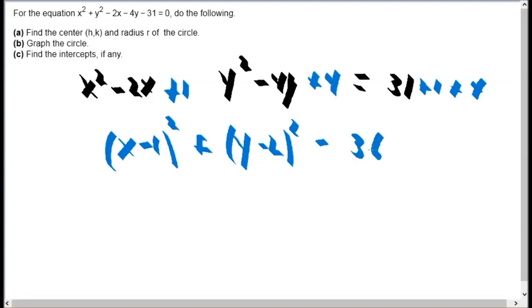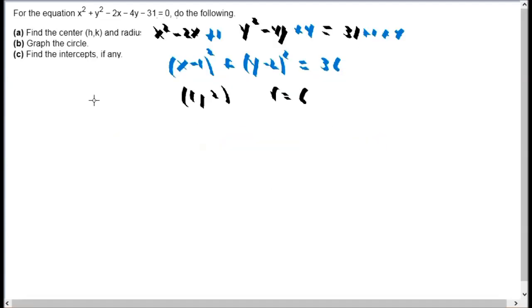That's equal to, which tells me now I have the center and the radius right in front of me. So we'll say the center is at 1, 2. You can see that from here, and the radius is equal to 6. Okay, and then to graph it, you just go to 1, 2, and then out 6 in each direction. Should be easy enough to graph.